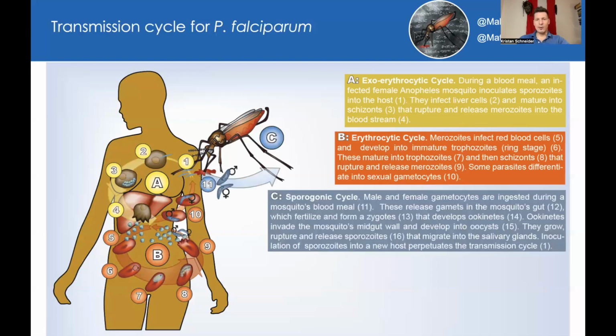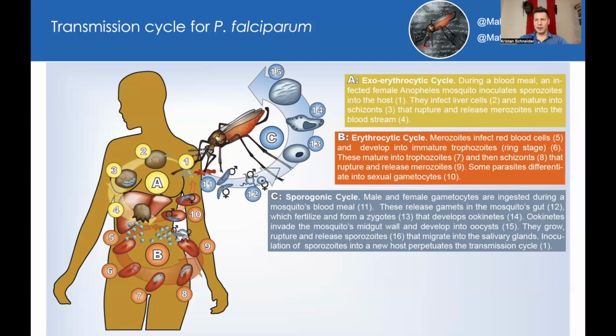Namely, if a new mosquito comes and takes her blood meal at an infected host and during that blood meal ingests male and female gametocytes in her gut, the gametocytes will immediately release gametes, i.e. sperm and egg cells, which immediately fertilize and form zygotes. These zygotes will grow into ookinetes, which can penetrate and dig a hole through the mosquito's midgut wall.